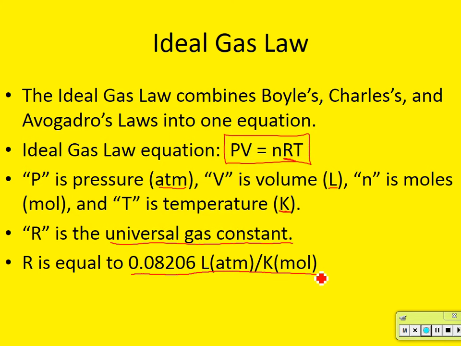I want you to pay attention to the units of R. It's measured in liters atmospheres divided by Kelvin moles. So when we do the ideal gas law equation, we've got to make sure we're in liters, atmospheres, kelvins, and moles. If you get to those units, then everything will be pretty easy after that.